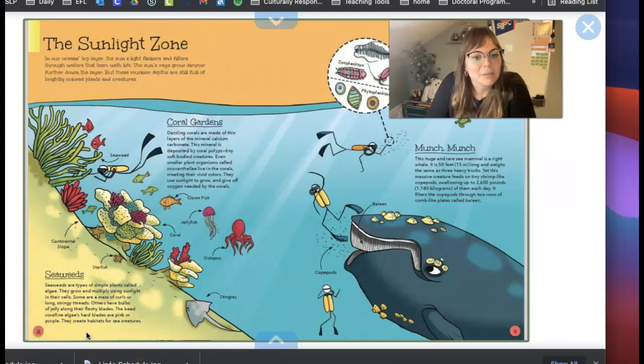Seaweeds are types of simple plants called algae. They grow and multiply using sunlight in their cells. Interesting. Some are a mass of curls or long, stringy threads. Others have bulbs of jelly along their fleshy blades.